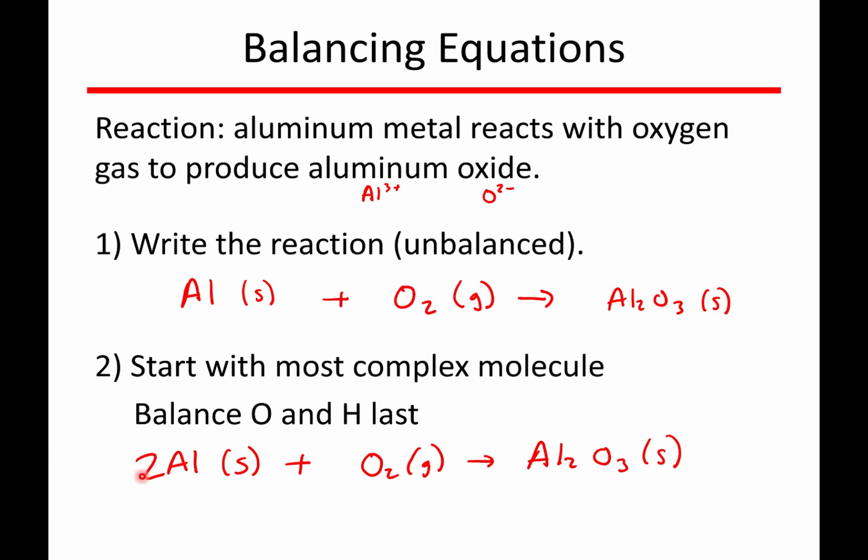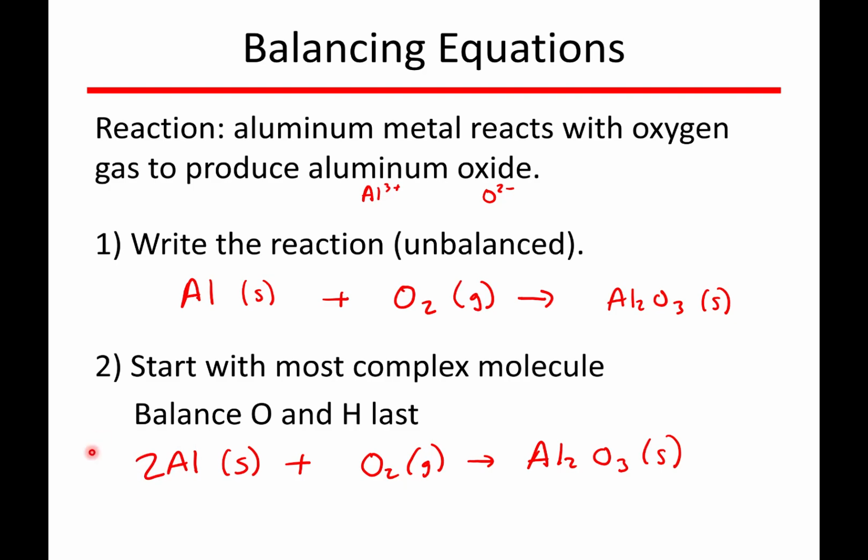It's crucial that when you balance equations, you're multiplying by coefficients and not changing subscripts. Because if you change subscripts, that kind of changes the properties of the substance you're dealing with. You can't write it as Al subscript 2 because aluminum is not a diatomic element. It's monatomic. And so you have to keep it as individual aluminum atoms and then just say you have 2 of them.